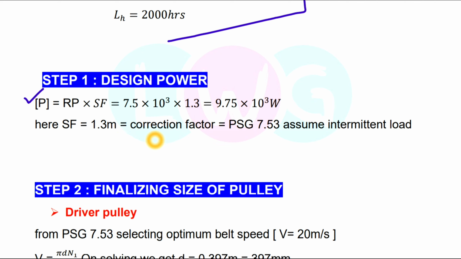Substituting, we get the design power, 9.75 into 10 raised to 3 watt. So in the first step we found the design power.